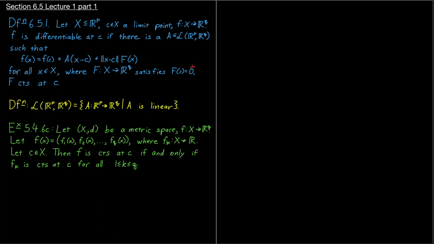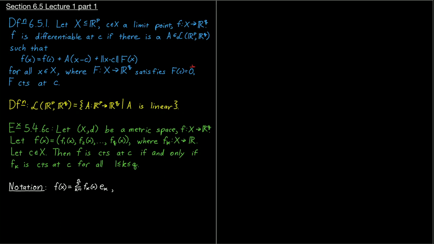So first off, I'd like to point out a little bit of notation to you. Sometimes we don't want to use this f of x as a vector. Sometimes we're going to use the fact that f of x, we've seen this before, is the sum from k equals 1 to q of fk of x times the unit vector ek. That, remember, is the vector with a 1 in the kth place and a 0 in all the other places.